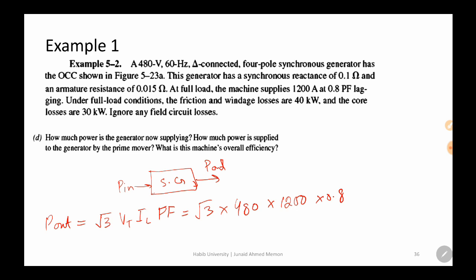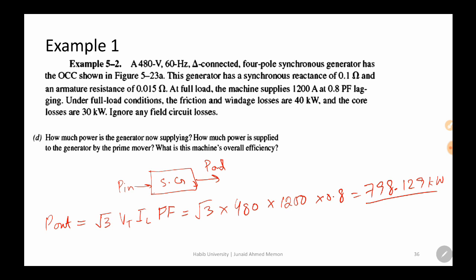If we substitute these values, root 3 times 480 times 1200 times 0.8, you have around 798.129 kilowatts. So that's our P output.